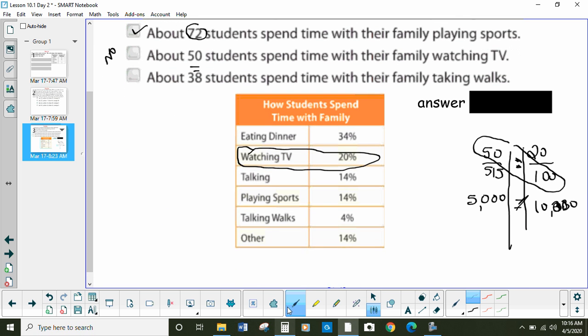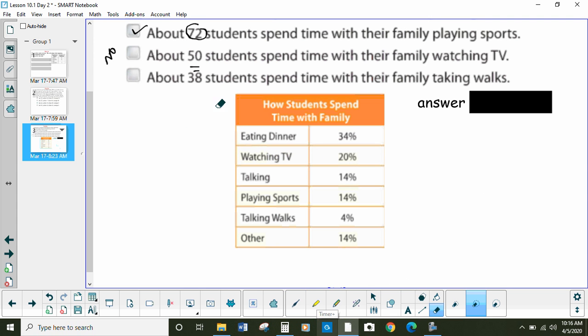So let's check our last one now. It says about 38 students spend time with their family taking walks. So 38 students, that's 38 out of a total of 515. Let's go down to our, you guys know that word already? You've got it memorized?